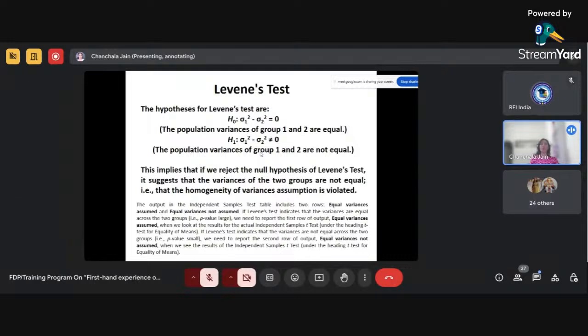So the population variances of both the groups being the same or equal is the null hypothesis of Levene's test. Vice versa, the alternative is that they are not equal, right? So you need to check this particular hypothesis first, ascertaining the homogeneity of variance. If not, then you can say the data is violating the assumption.